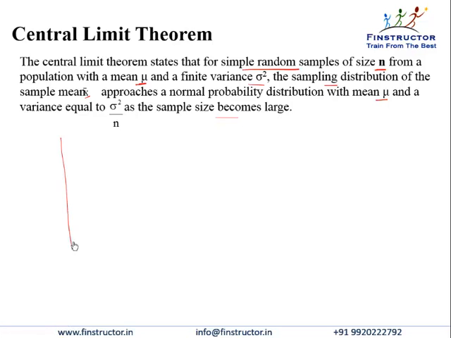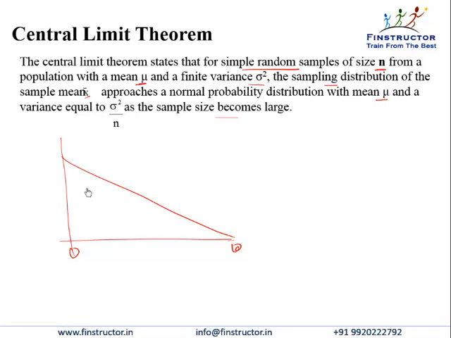So my original data can have any distribution. It can have such a distribution also. Highest values at 0 and very low values at a value equal to 10. Original population can have any distribution as long as you're taking simple random samples.